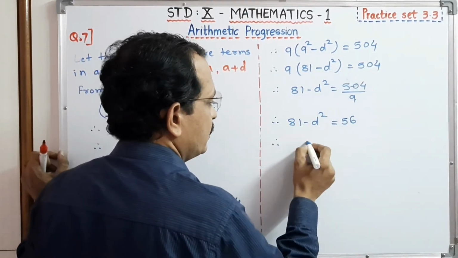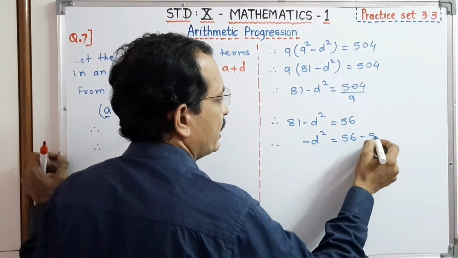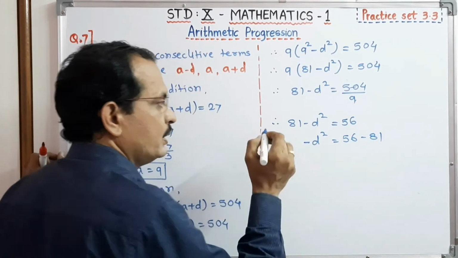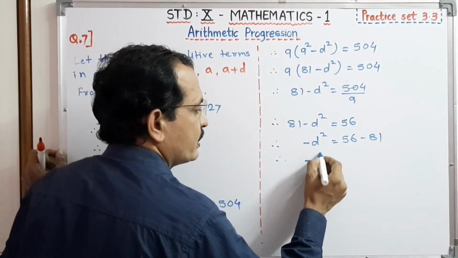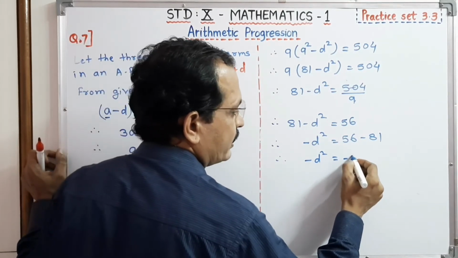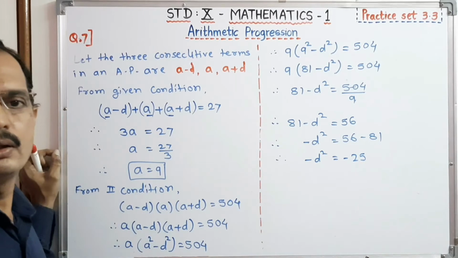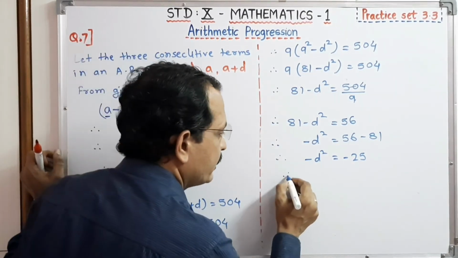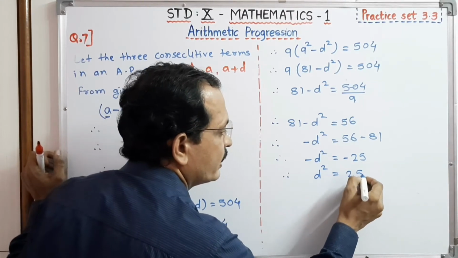Now see here, minus D square is equal to 56 minus 81. Now see here, minus D square is equal to minus 25. Now we have to write here D square is equal to 25.